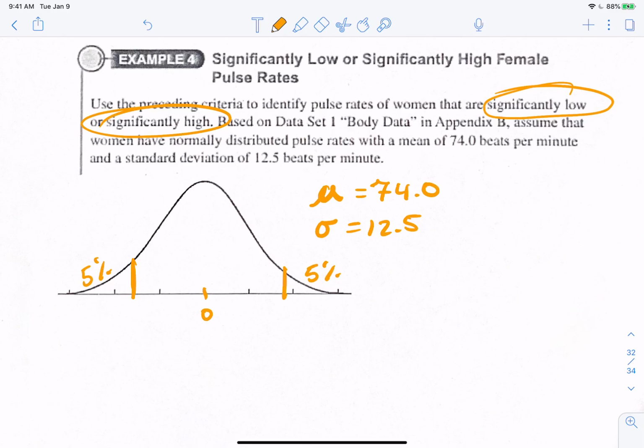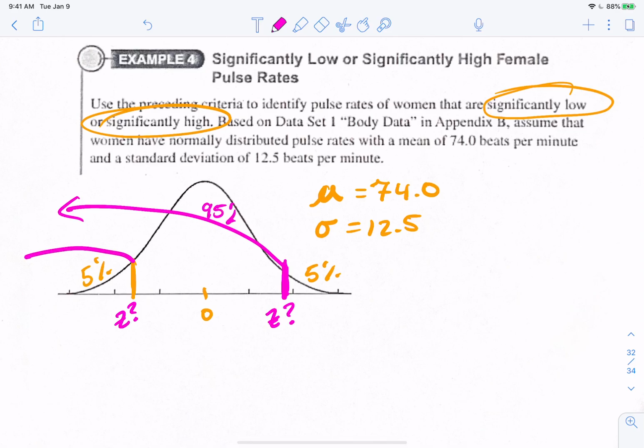Okay. All right, so I need to find those z-scores. Z here and z here. I want to figure out what percentage this is, but it only measures from there back. What percentage cuts off here and is from there back? 95%. What percentage is from here back? 5%.